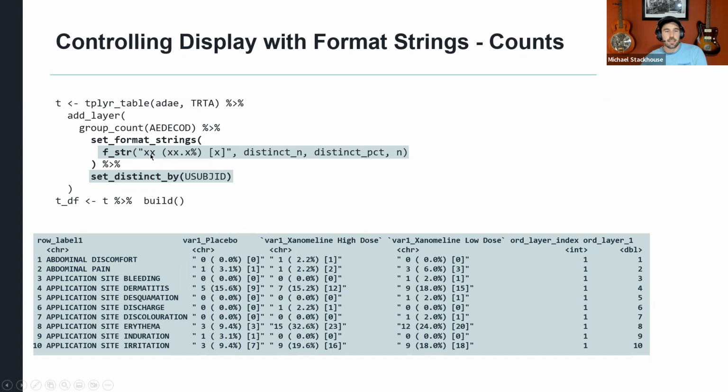So the way that the x's work is that the x's tell you what the width of that spot should be when you're looking at the integer. And then when you're looking at decimal places, it tells you what the decimal precision should be. So we have xx and xx.x %. So you can see here that we have auto-filled so that the integer width here should be 2 characters.